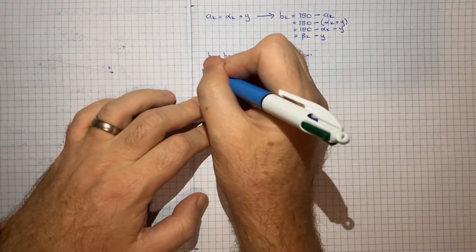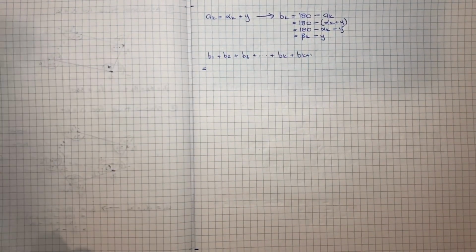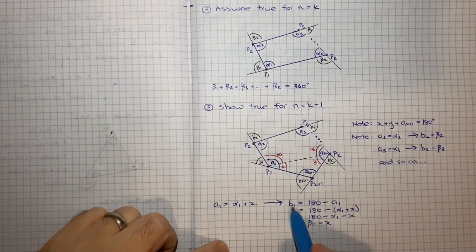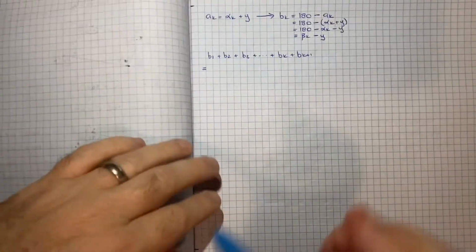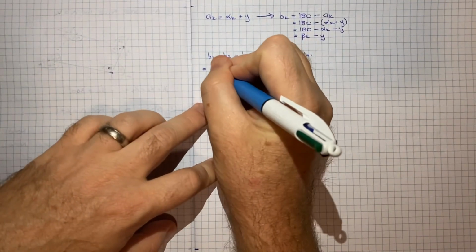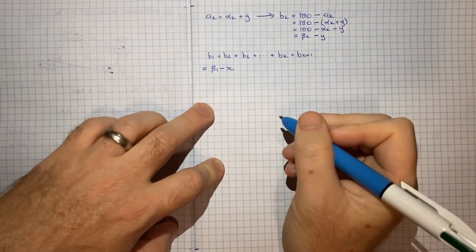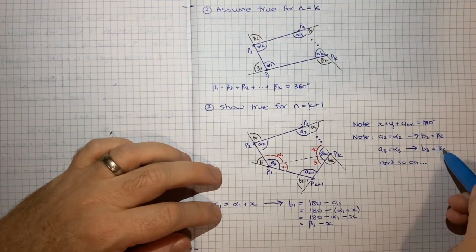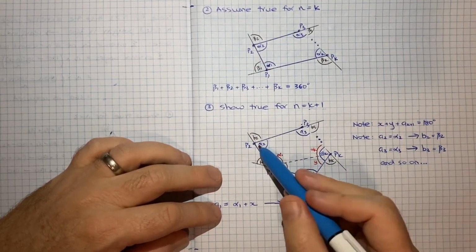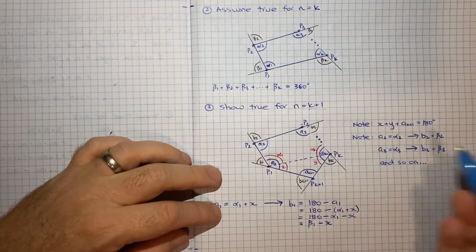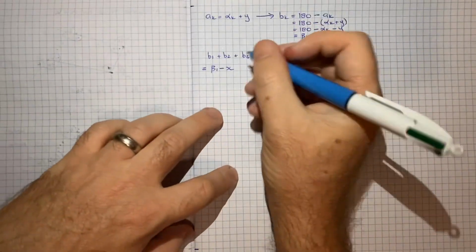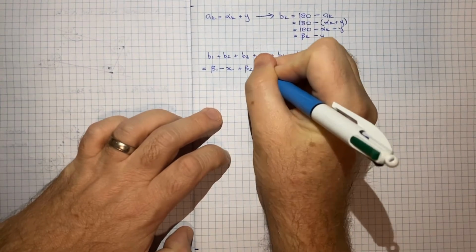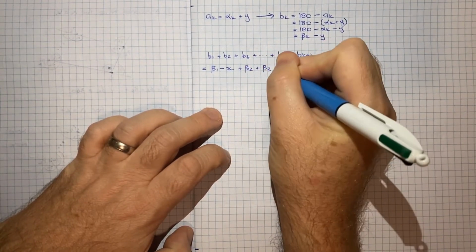Now, b1 we just showed was equal to beta 1 minus x, so I can write that in for b1, beta 1 minus x. b2, b3 and so on, they're just beta 2 and beta 3 because we noted that all the other interior and exterior angles are unchanged, so we'd say plus beta 2 plus beta 3 and so on.